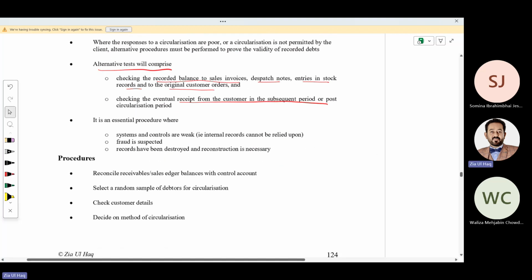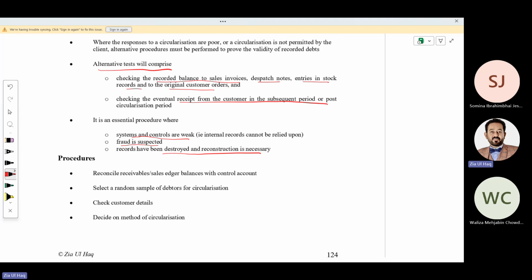But we must perform circularization where client system and controls are weak, where there is a chance of fraud, and where the records are not available for verifying through matching the records. I mean, if the client's records are not available, like there are no sale invoices, no dispatch notes, no sale orders that we can compare with each other and verify.